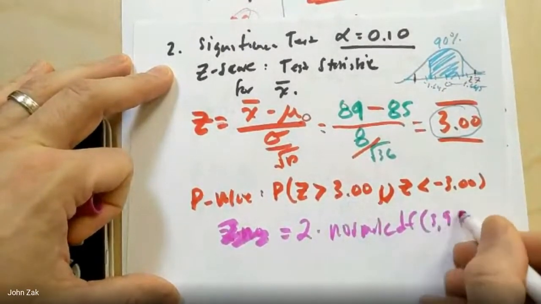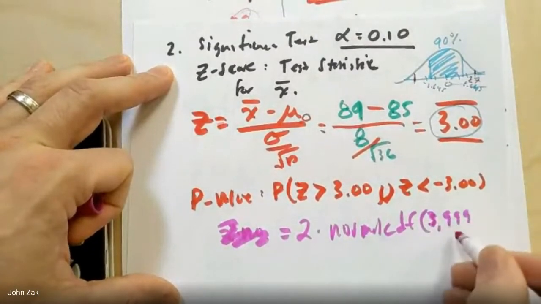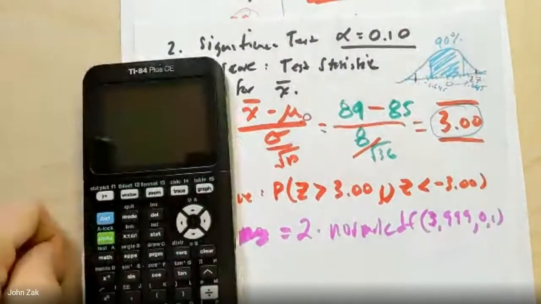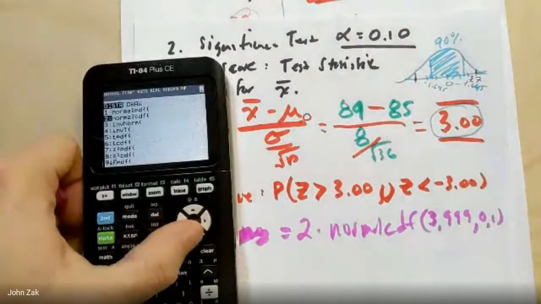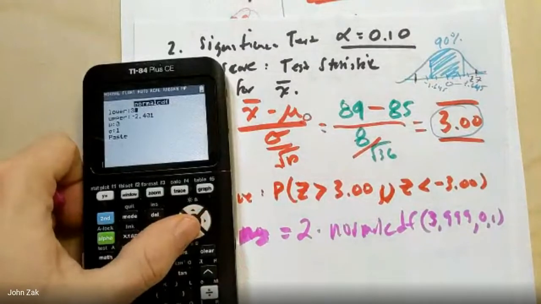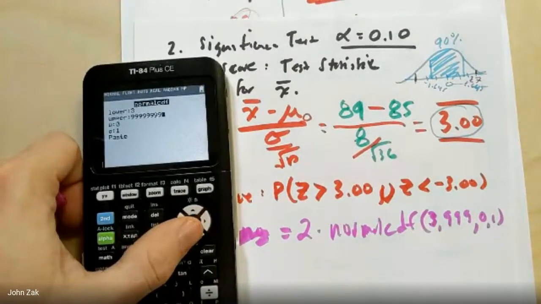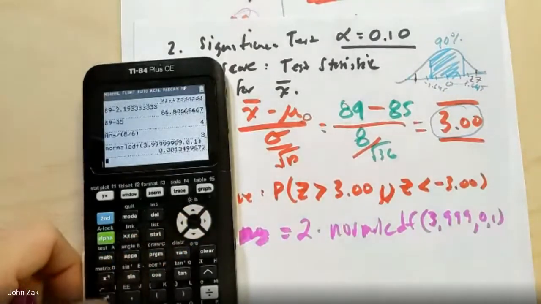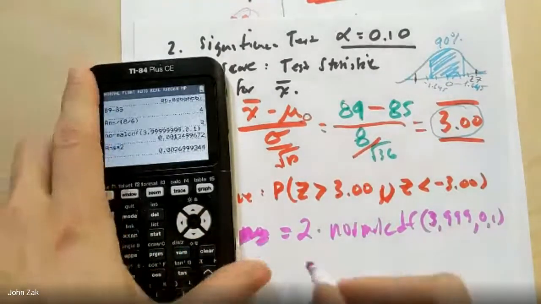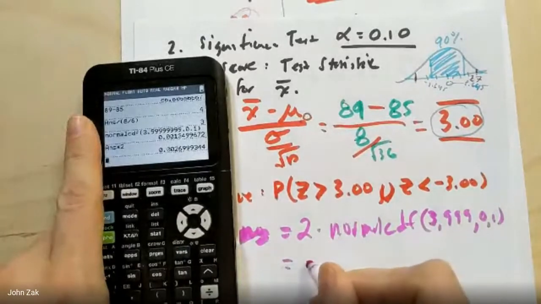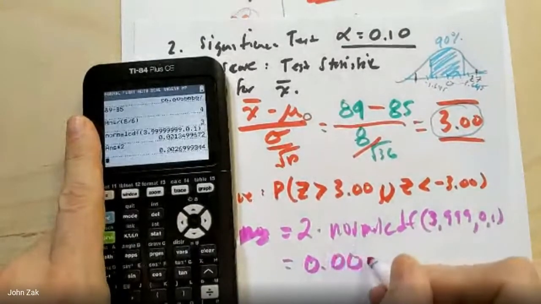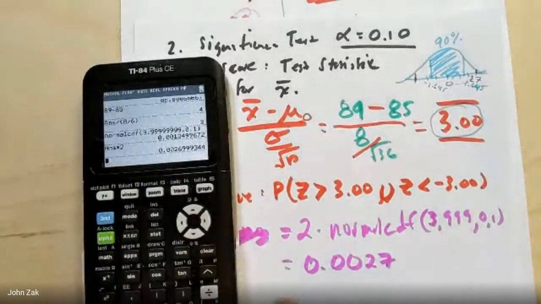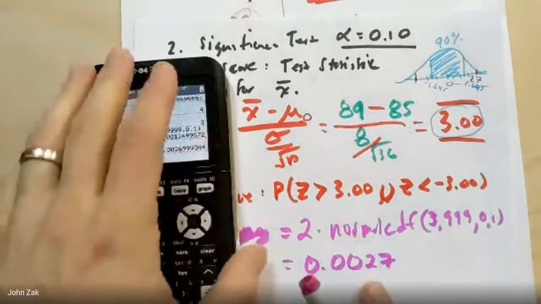I'll do normalcdf from 3 to infinity, with a mean of 0 and a standard deviation of 1. And I got that, and I'll double it. And this comes out to being 0.0027 approximately.